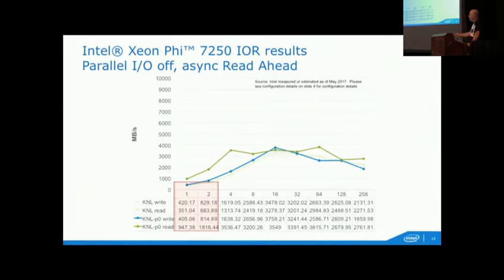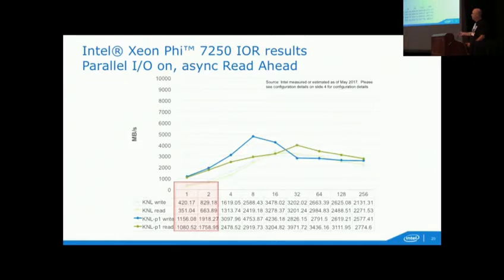And again, first of all, parallelization is off, and only the asynchronous thread with read ahead helps significantly improve read operation. When I turn on parallelization, I get very good performance improvements for Xeon Phi systems.